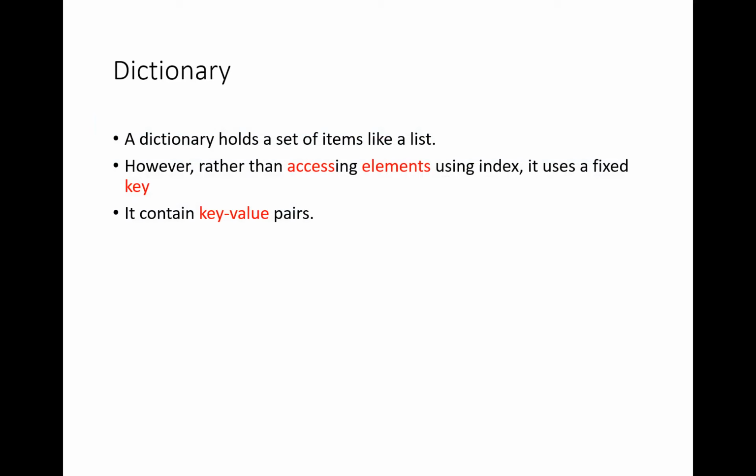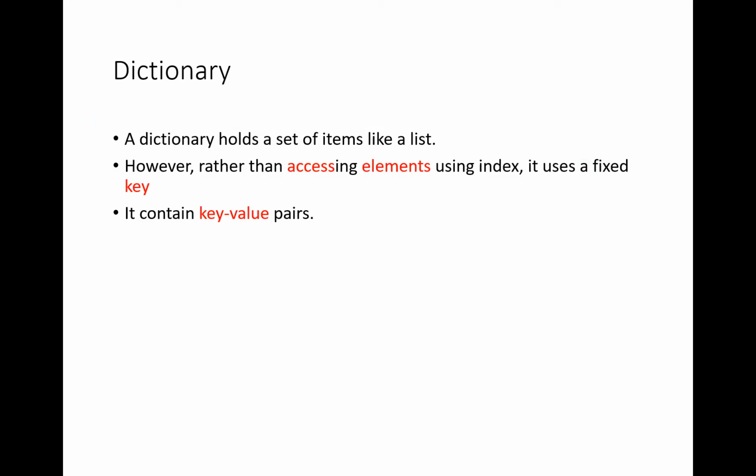So the mapping is there. So let's say you convert from Sinhala to English, as I told you earlier. The Sinhala words work as keys, and the equivalent values in English will be the values, right? So let me explain the use of dictionary.